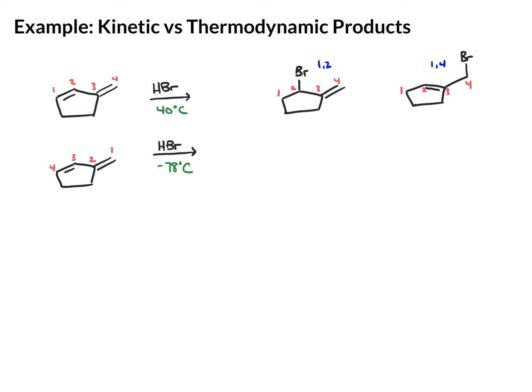Now let's look at our second numbering scheme and do the same thing. So for the 1,2, the hydrogen will go on carbon 1, the Br on carbon 2.